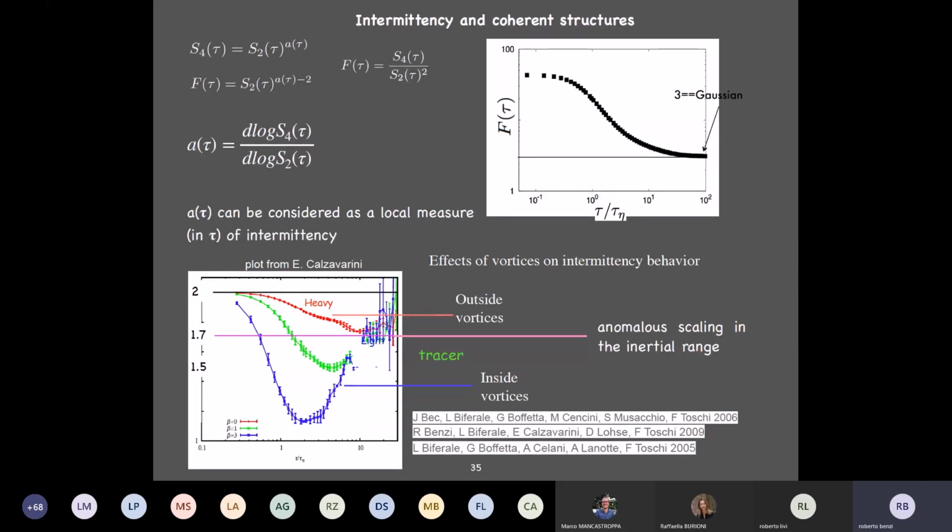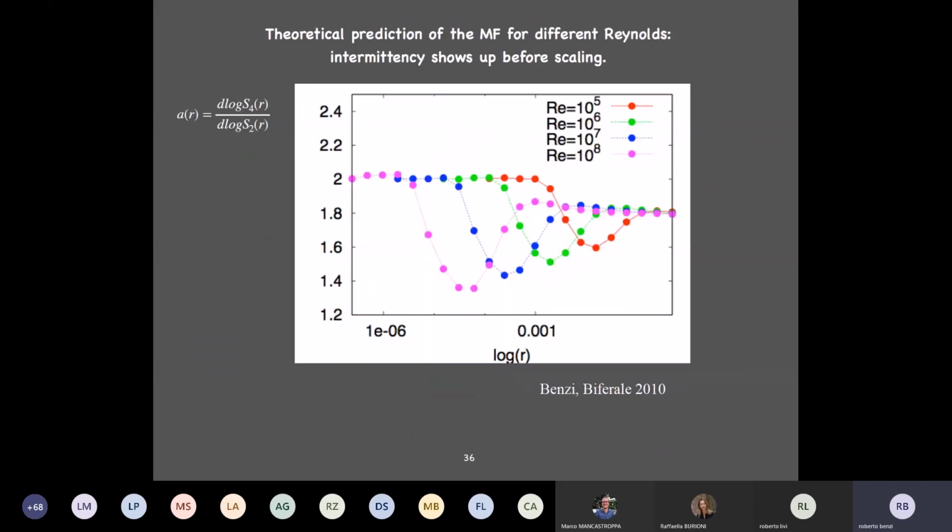But before trying to understand what really happens in this system, at least experimentally, let me show you the prediction of the multifractal theory. This is done in R instead of T, but it's essentially the same result. This is the prediction that you can obtain from the multifractal theory by increasing the Reynolds number. You observe two things.